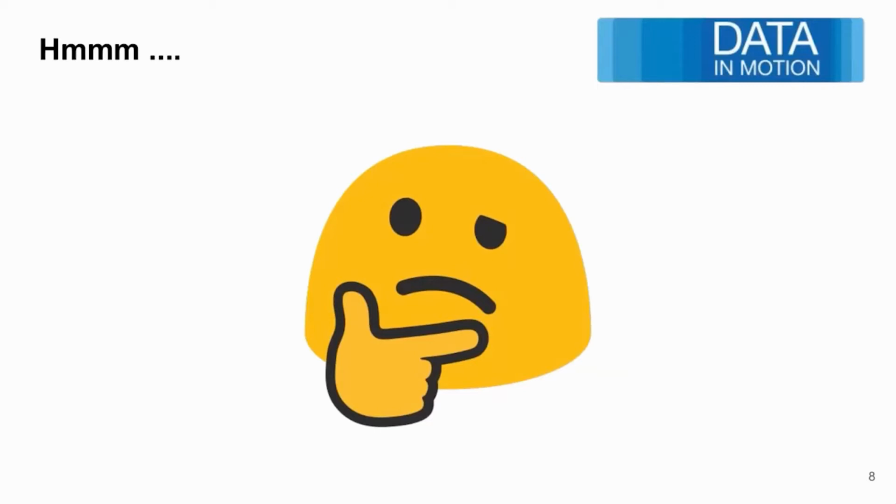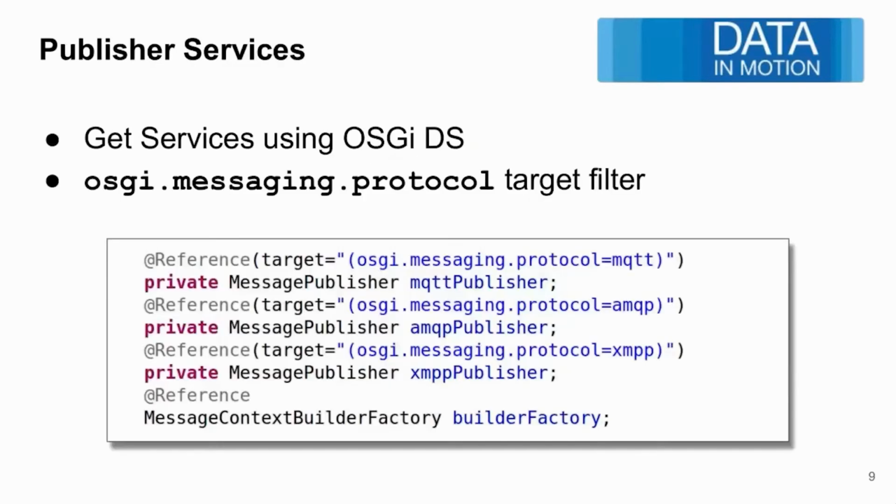And the messaging specification tries to hide that implementation or vendor-specific semantic behind an API and a service-based infrastructure. So with an implementation of the messaging specification, the example from before could look like this.